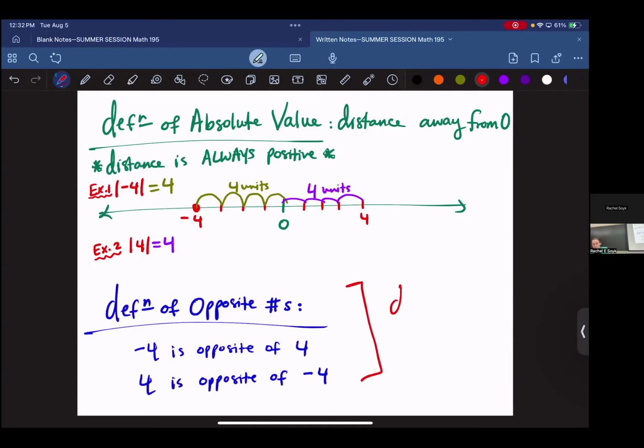This is different from the absolute value definition.